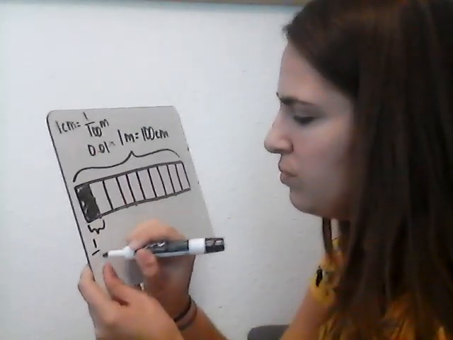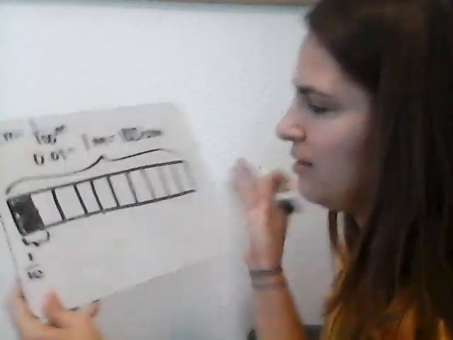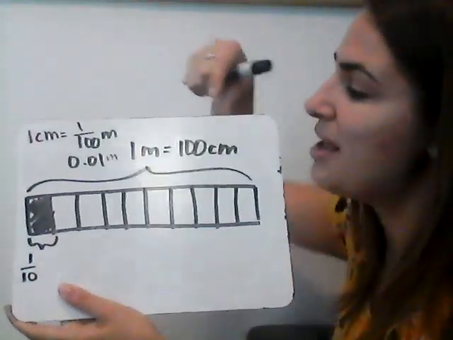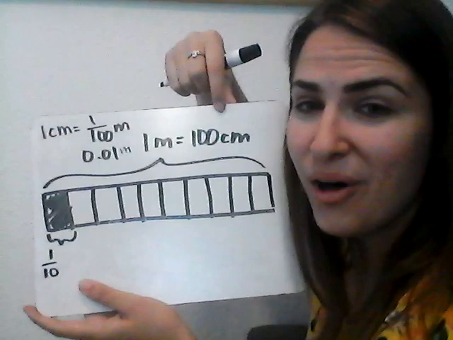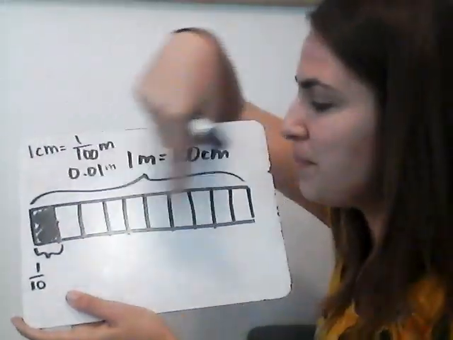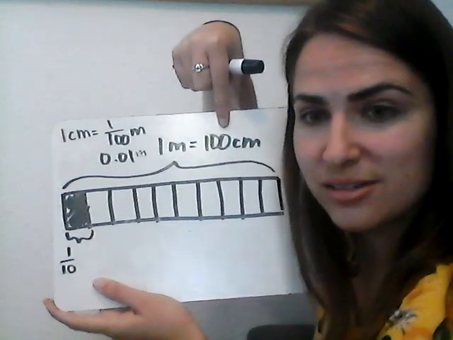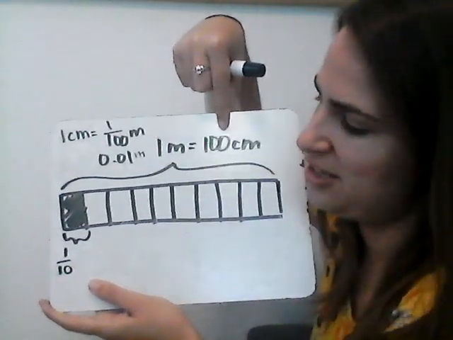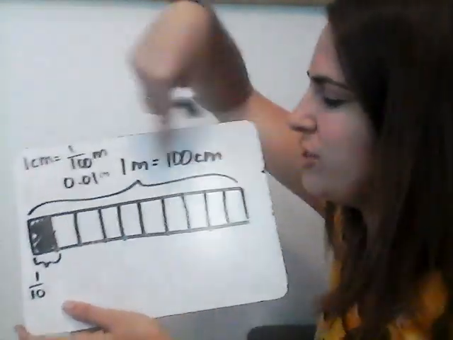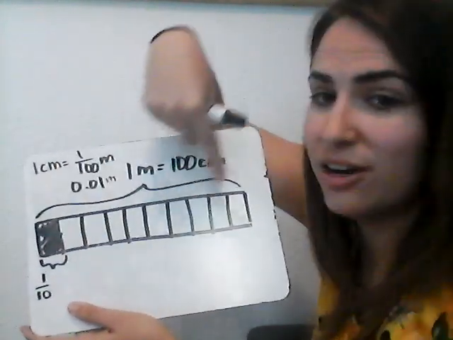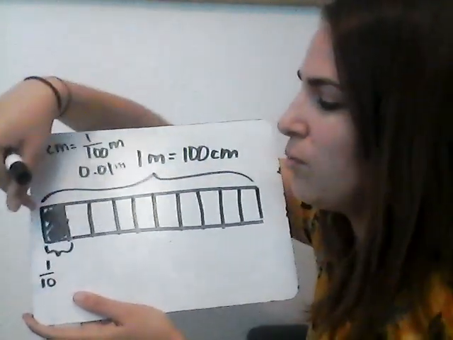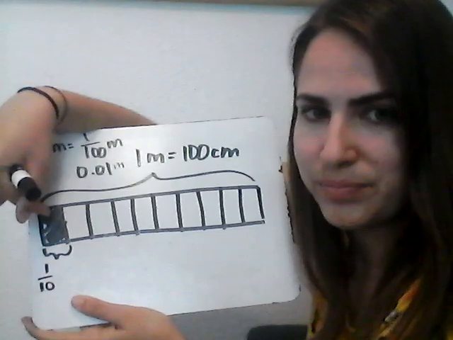So we know that this is 1/10 because we have 1 part shaded out of 10, but we also know that this meter is equivalent to 100 centimeters. So if this whole thing is 100 centimeters and there's 10 parts, what would this value be?